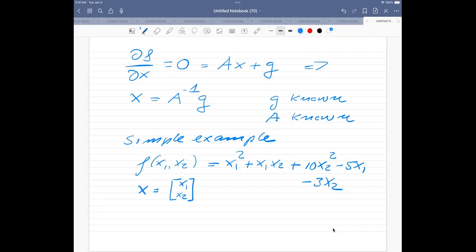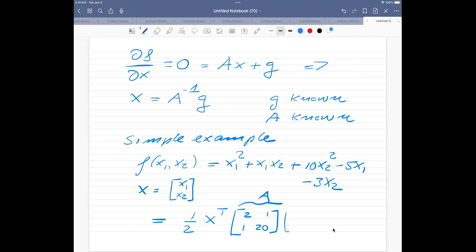Now I can rewrite this in terms of these matrix vector relations which we had. So I can rewrite this quantity as 1/2, and then I have this vector x transposed, which contains x1 and x2. It multiplies with a matrix A, which has now 2, 1, 1, and 20.